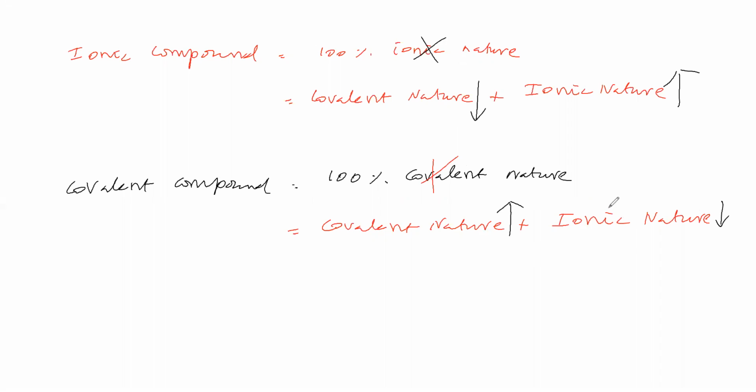So now we will take some compounds. Suppose we are taking LiF and NaF. In these two compounds, which nature is high? If we compare these two, in which case covalent nature is high, in which case ionic nature is high? LiF has F-, NaF has Na+ and F-.